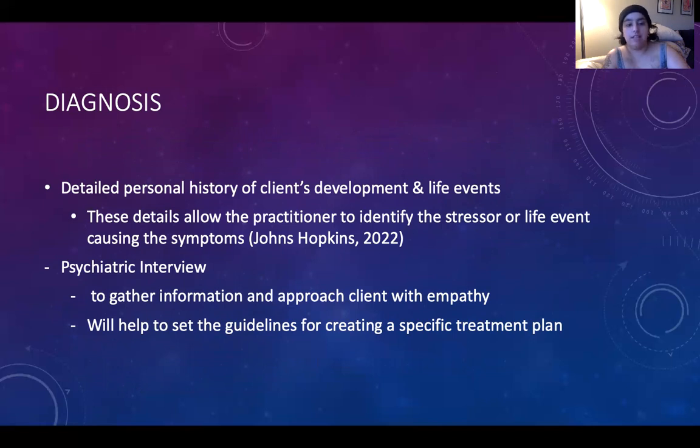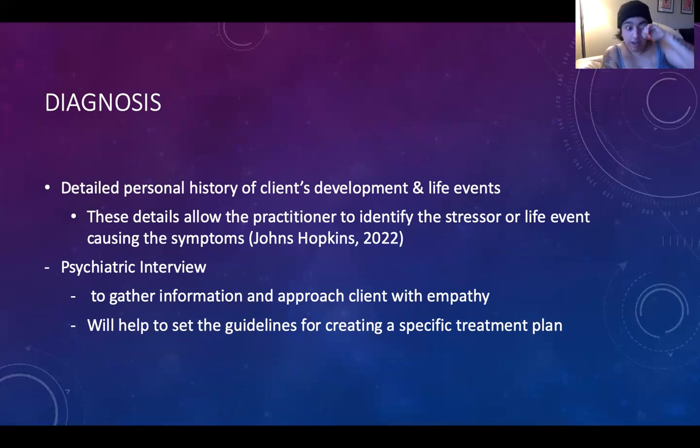These details allow the client to know what event or stressor is causing their issue, like why they are in counseling, or the practitioner will be able to pinpoint, okay, I think maybe it was this event, like you going through a divorce, that began this onset of symptoms.